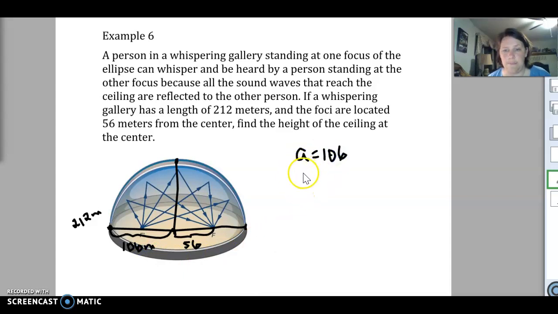We have C is equal to 56. And you need to find the height, which is also B. So this is an ellipse. I'm going to let you guys figure the rest of this out. And remember that A squared equals B squared plus C squared for this equation.